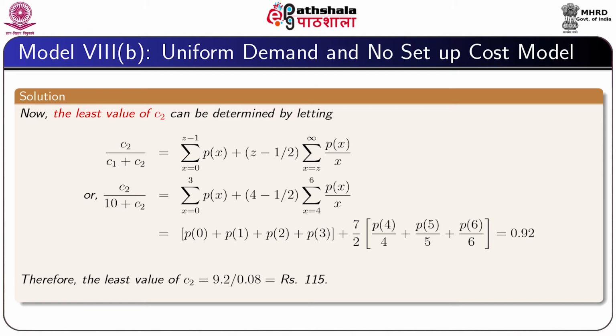Putting the values of the probabilities, we get C2 by (10 plus C2) is equal to 0.92, and this gives the least value of C2 as 9.2 divided by 0.08, which is equal to rupees 115.